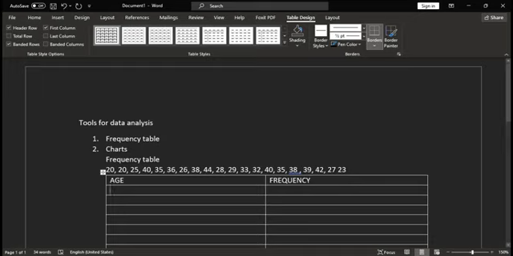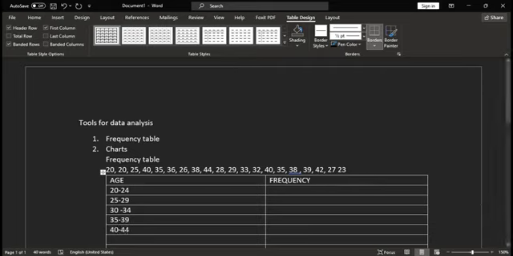For age 20 to 24, 25 to 29, 30 to 34, 35 to 39, and you have 40 to 44.